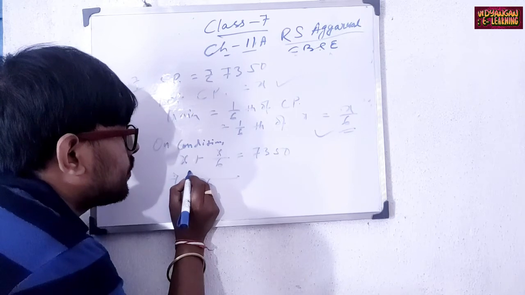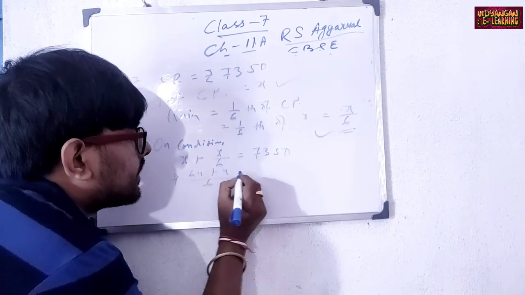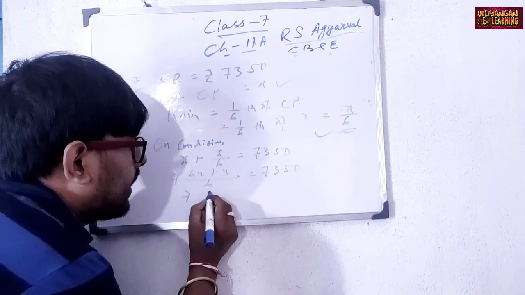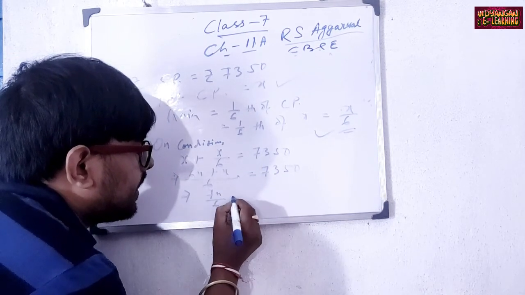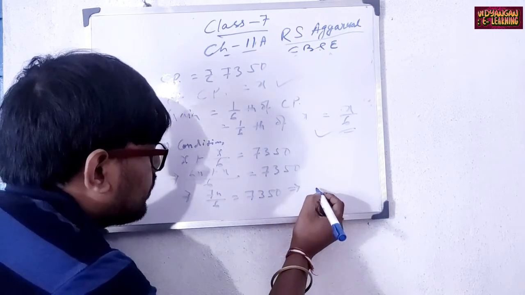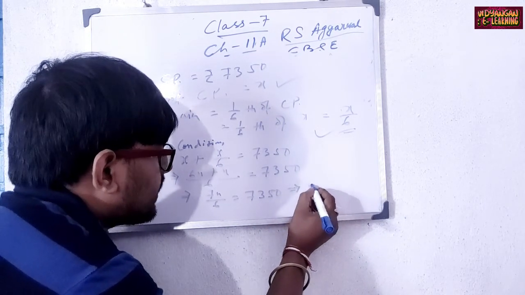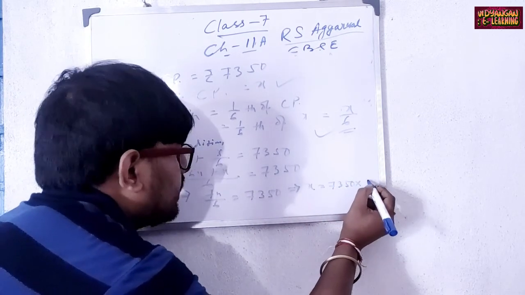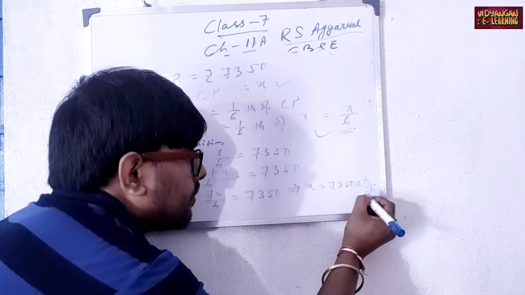With 6 as the LCM, 6x plus x equals 7350, and 7x by 6 equals 7350, that is x equals 7350 multiplied by 6 by 7.